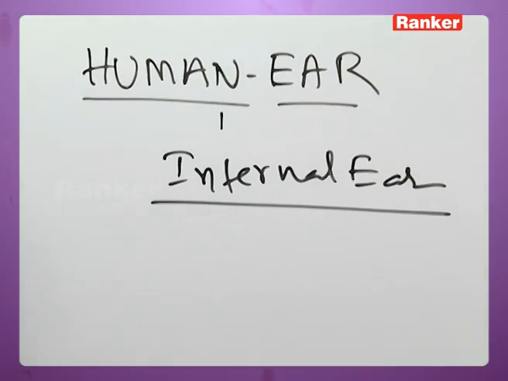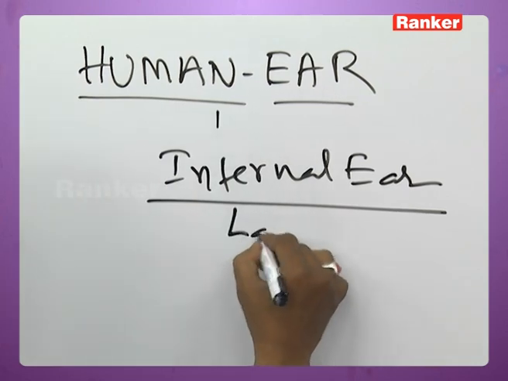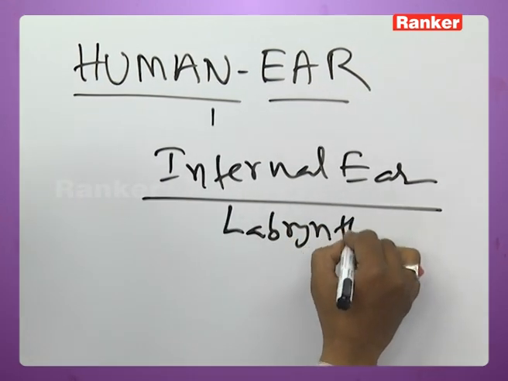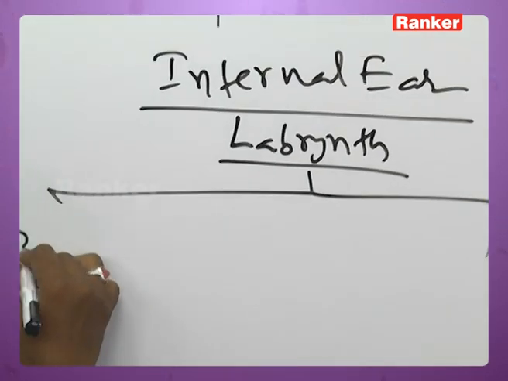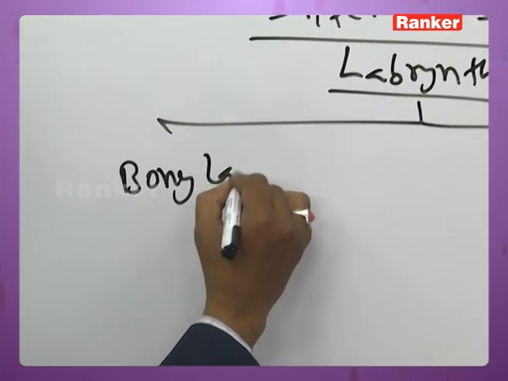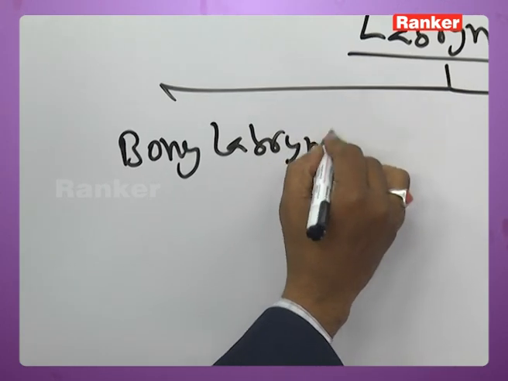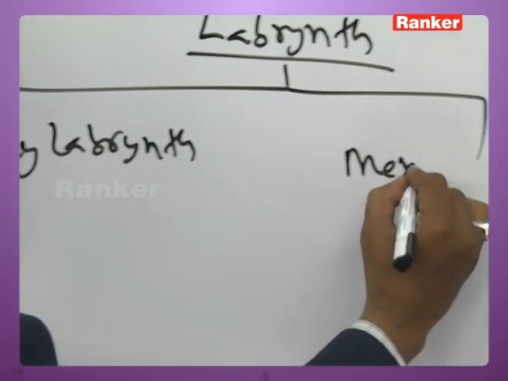Now the internal ear. The internal ear is also called the labyrinth. It has two parts, as I mentioned earlier: bony labyrinth and membranous labyrinth.